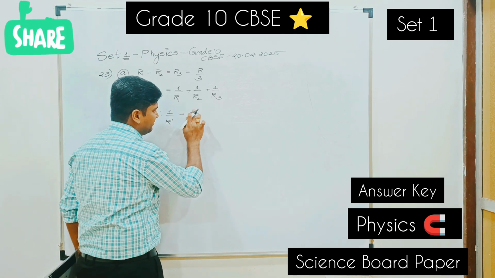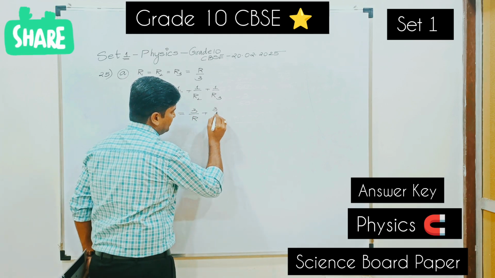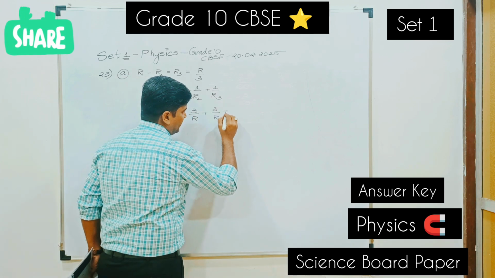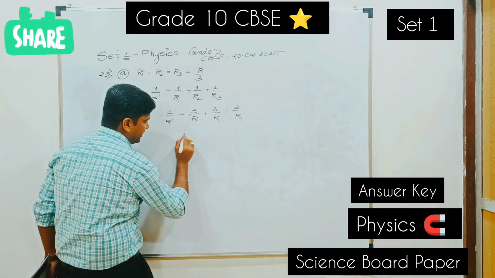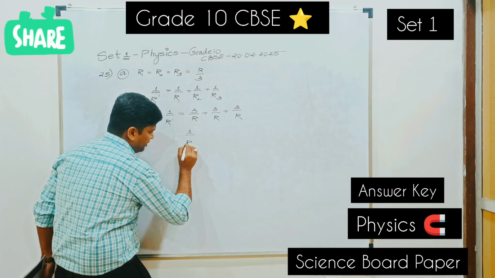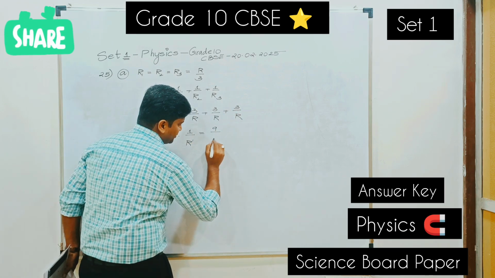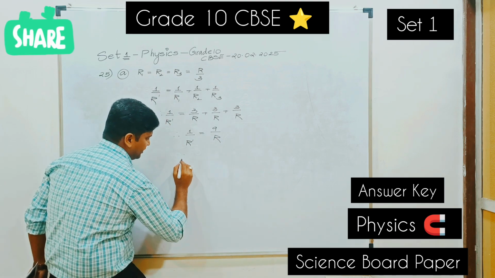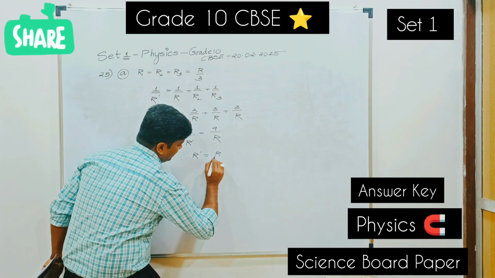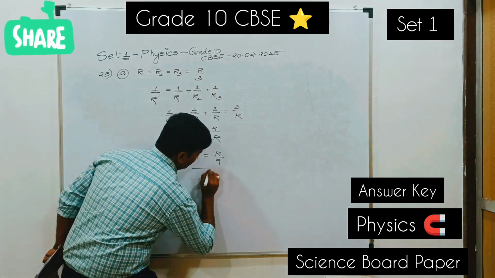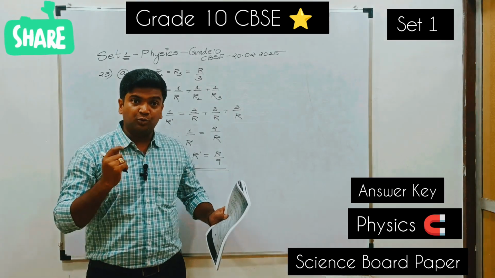So instead of this can I write 3 by R. Second वाला भी बन जाएगा 3 by R and the third वाला भी बन जाएगा 3 by R. Fine beta. Now so it's 1 by R dash, 3 plus 3 plus 3, 9. So I'll be getting 9 by R. And if I do the reciprocal thing, so new resistance would be R upon 9. Okay. This is so simple to fetch 2 marks, beta.